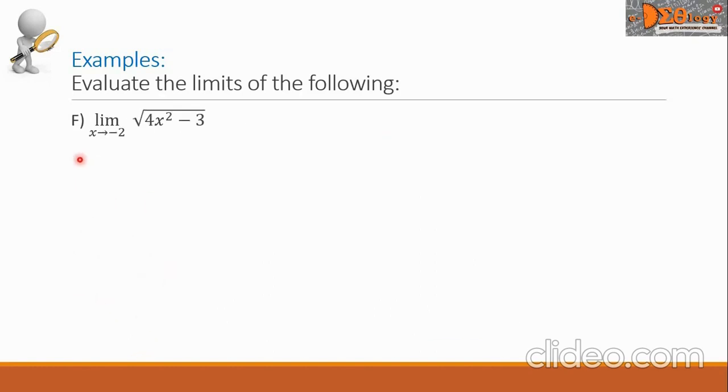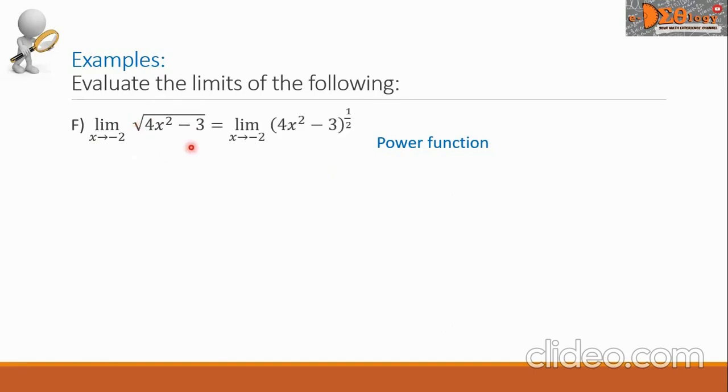Example F, the limit of the function the square root of the quantity 4x squared minus 3 as x approaches negative 2. This is an example of a power function. As you can see, the radical here can be expressed as a fractional exponent.